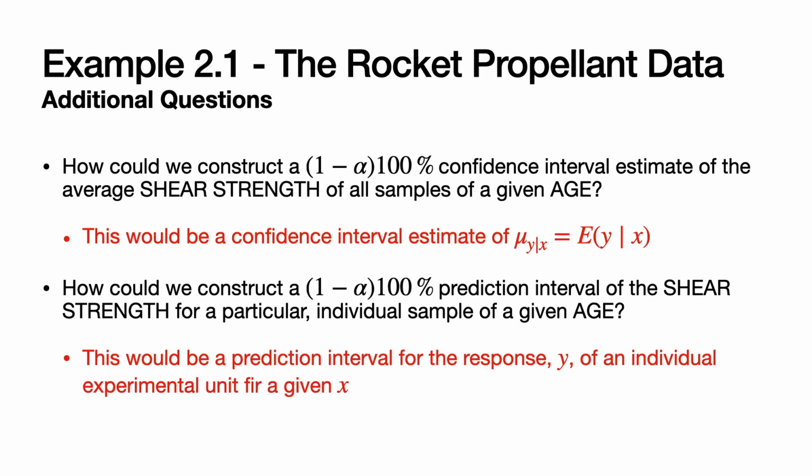Second, how could we construct a 1 minus alpha times 100% prediction interval of the shear strength for a particular individual sample of a given age? This would be a prediction interval for the response y of an individual experimental unit with a given x.